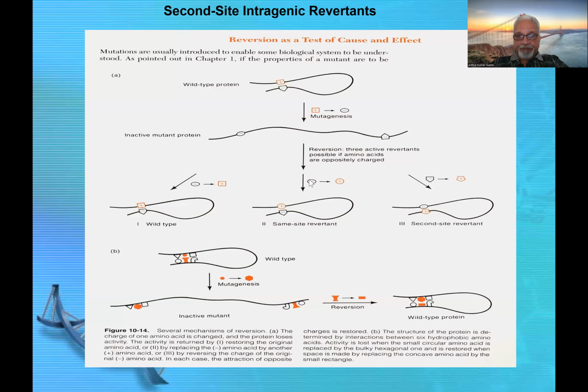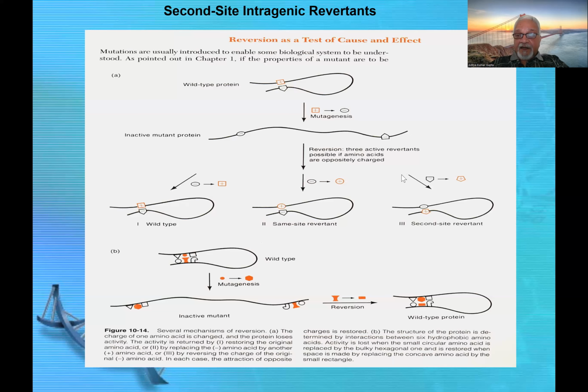So here lysine is again becoming glycine, but here the lysine is not becoming glycine, but a similar positively charged amino acid. Okay, so this is a second mutation, but not converting it to the original amino acid or original type of amino acid.